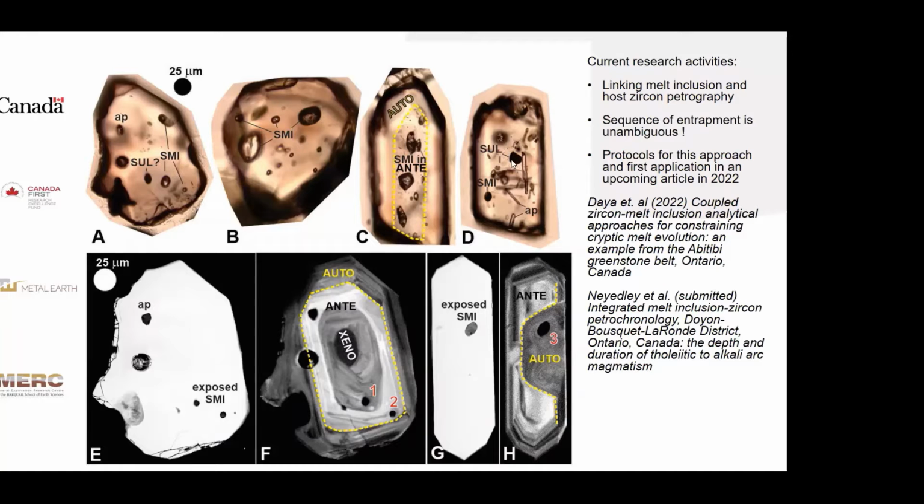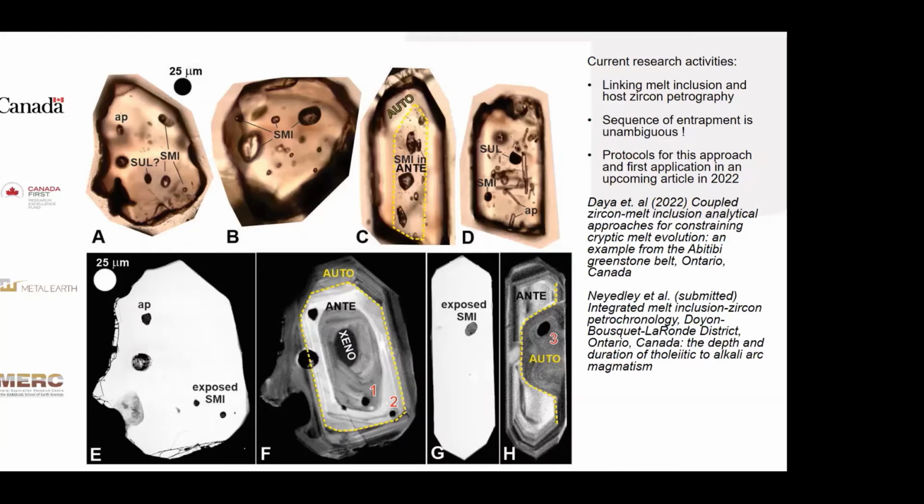And if we combine the information we get from melt inclusions, specifically their chemistry, with the relative growth history of the host zircon, the geochronology of those various zircon growth zones, and chemistry, we have a really powerful tool that can allow us to unravel that magmatic history, something that is not really well represented in bulk rock geochemistry, because those bulk rocks are end products of a lot of different processes and are often affected by post-entrapment changes.